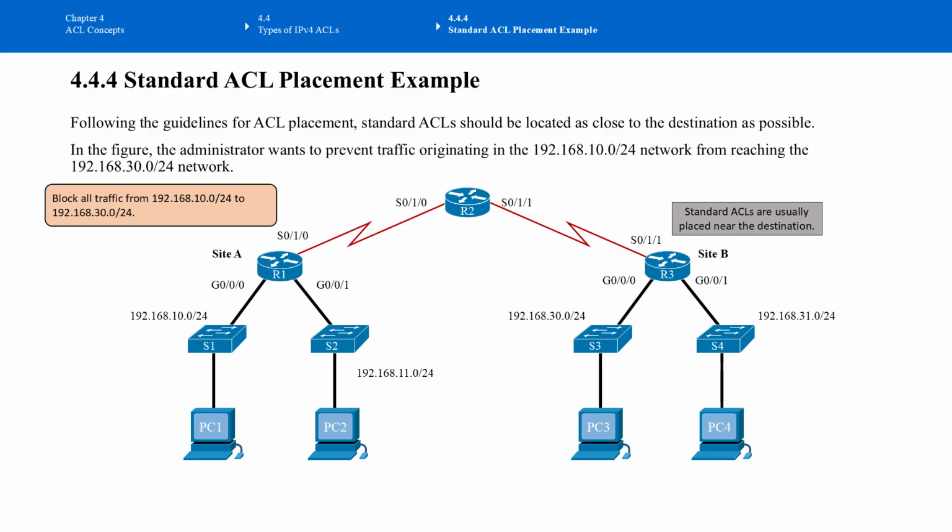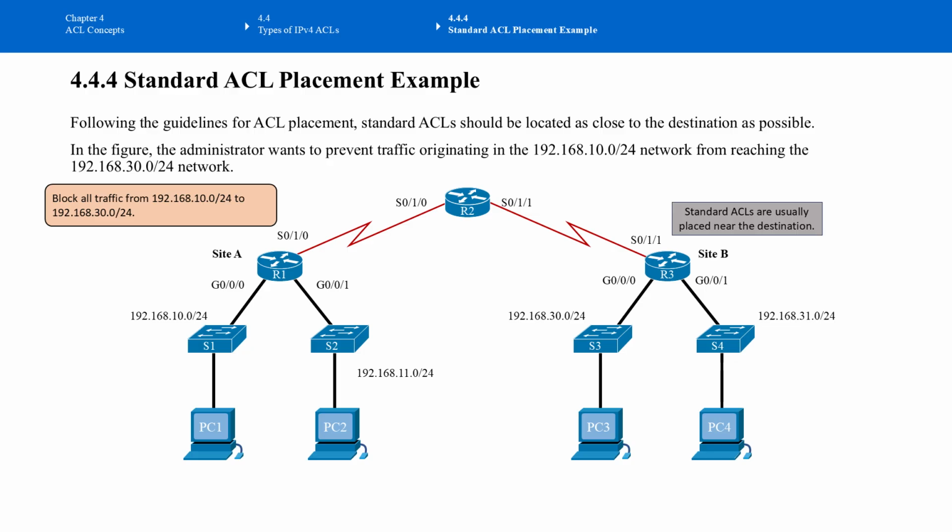The standard ACL should be placed on R3 near the 192.168.30.0/24 network, because a standard ACL examines only the source IP address. Placing it near R1 could block 192.168.10.0/24 from reaching other networks as well.